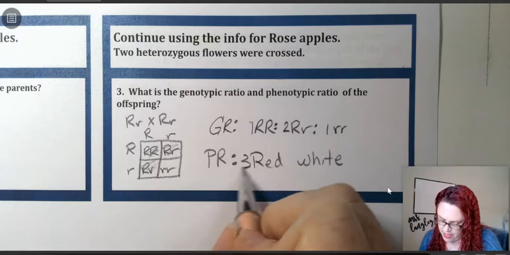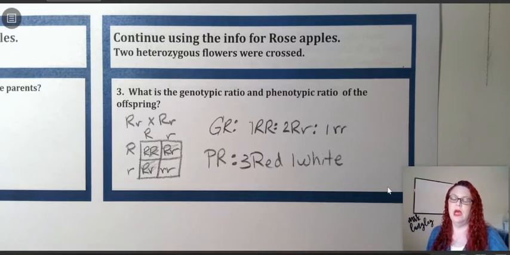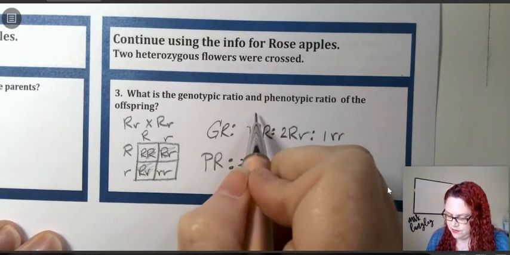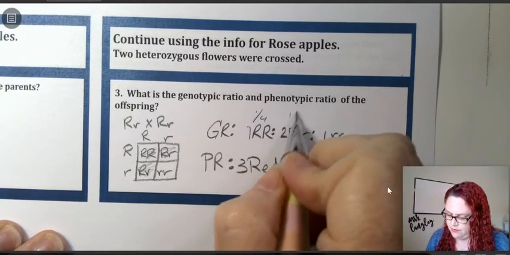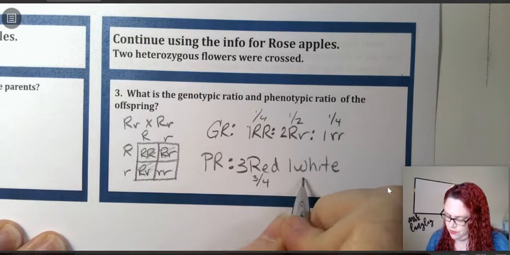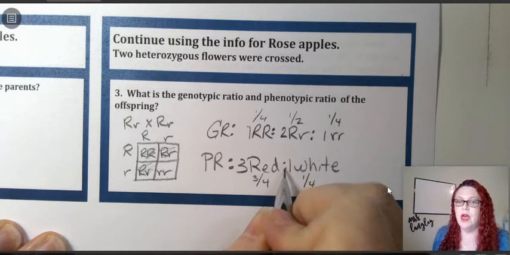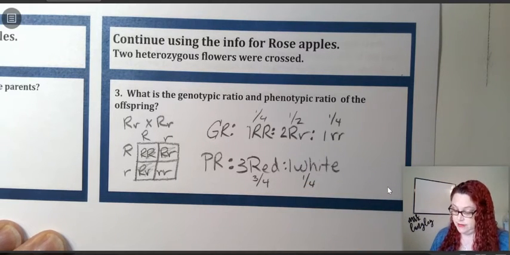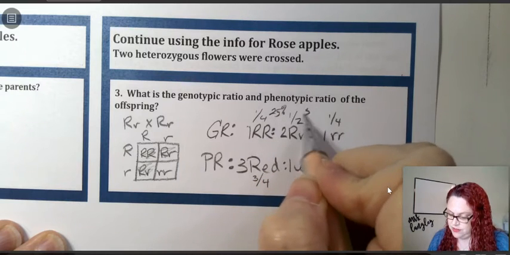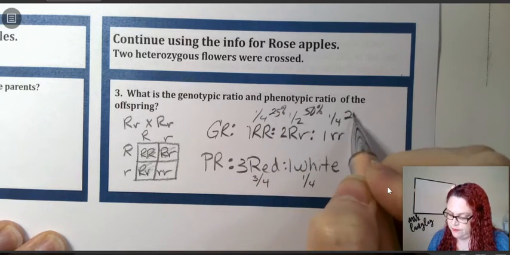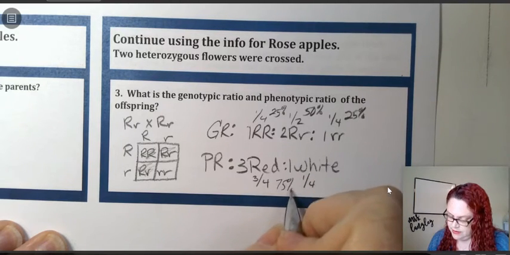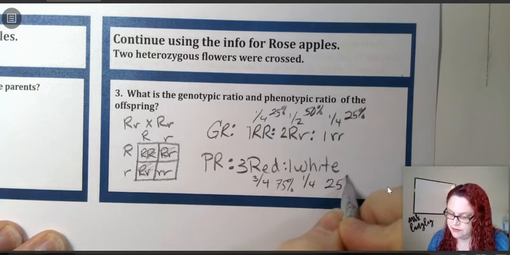So that's 3 red and 1 white. Now I can also express these as fractions. Okay, so this would be 1/4, 1/2, 1/4, 3/4, 1/4. Or I could express these as percentages. 25%, 50%, 25%. This would be 75% or 25%.